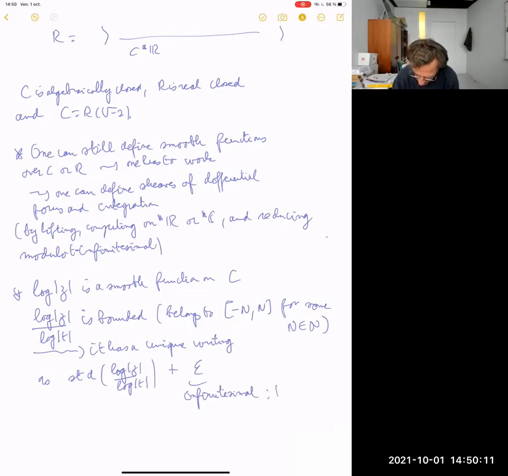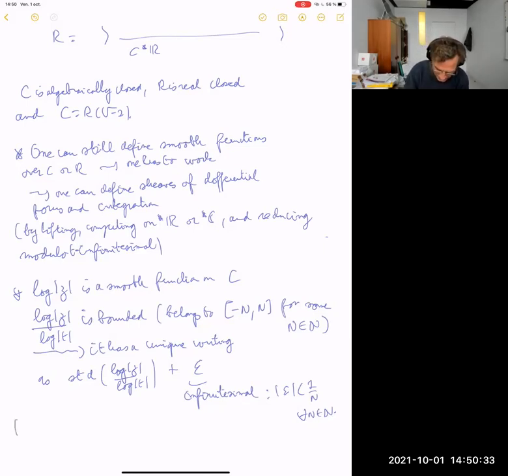Let me just say epsilon is smaller than 1 over n for every n in N. So when you divide log absolute value of z by log absolute value of t, you get something which is not a real number, but it's a real number plus something infinitesimal. The decomposition is unique. You forget the infinitesimal part, and then you get a real number.